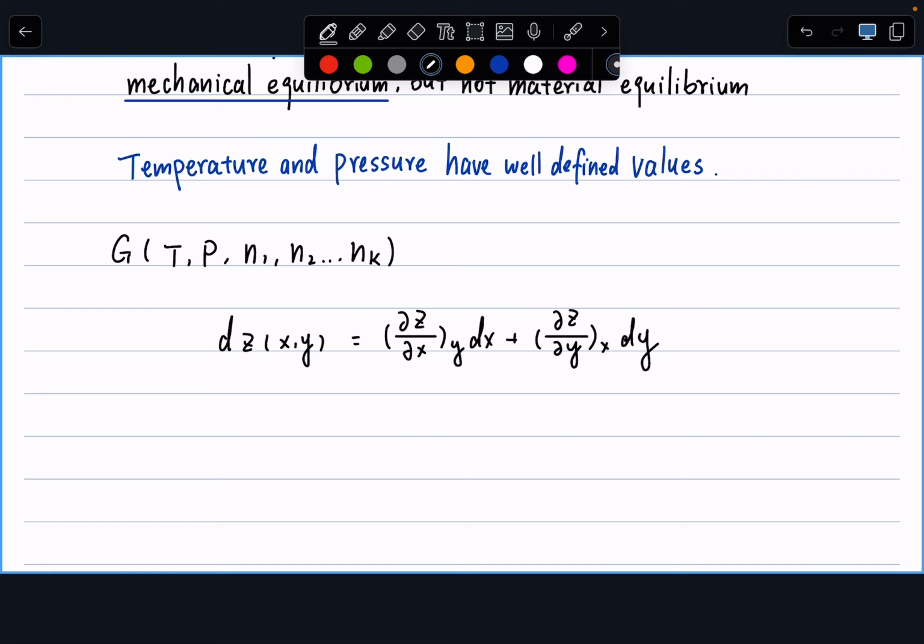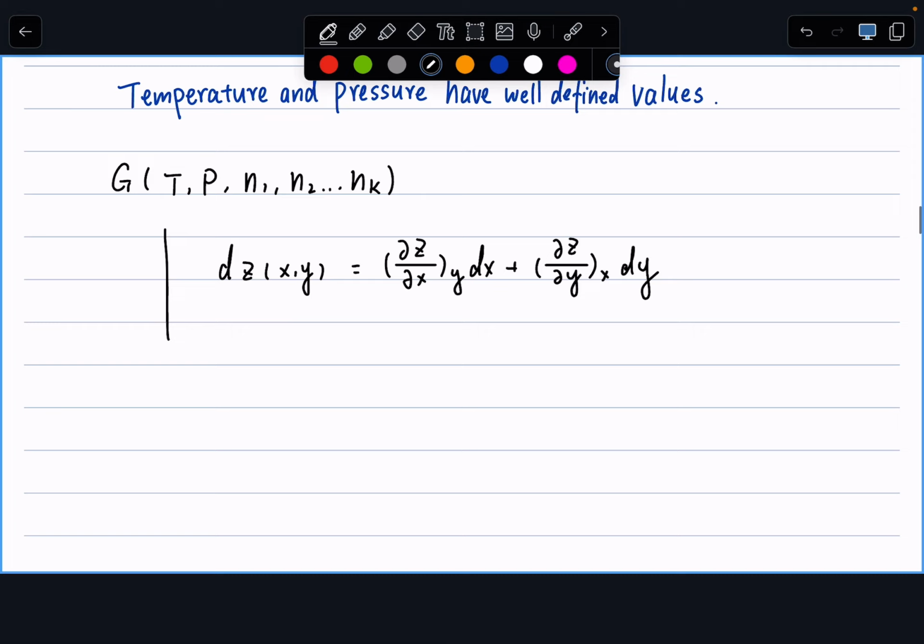Right. So if we do the same and write the total differential of my Gibbs free energy, now we have multiple variables. What does it look like? So my dG is now a function of all T, P, n1, n2, n3, all the way to nk.